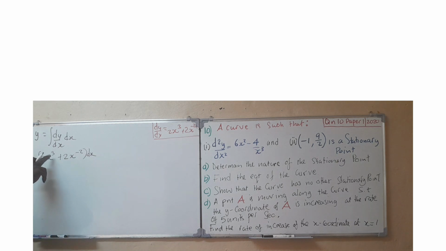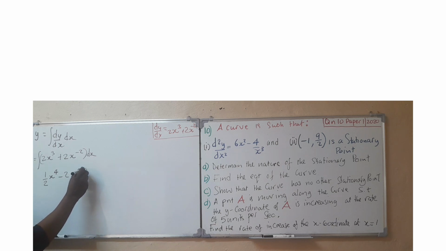Integrating again, the power is raised to 4 there, we divide by it, it becomes 1 over 2 x to the power 4. Here it becomes minus 1, we divide 2 by minus 1, we get minus 2x to the power minus 1 plus a constant. So this is equal to our y there. Okay, how do we get our k?